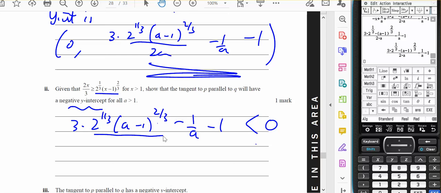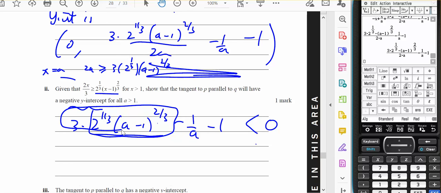So if I move this 3 over, if I could make x equal to A, then I know that 2A is bigger than or equal to 3 times 2 to the 1/3 times A minus 1 to the 2/3. So I can replace this with 2A minus 1 on A minus 1.